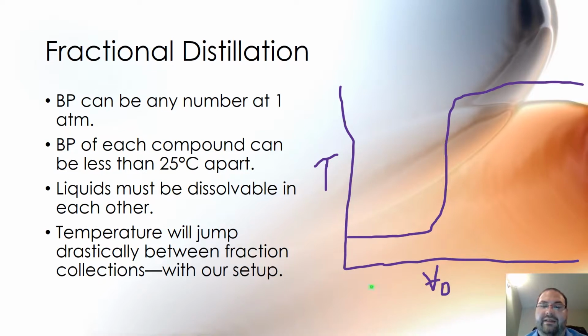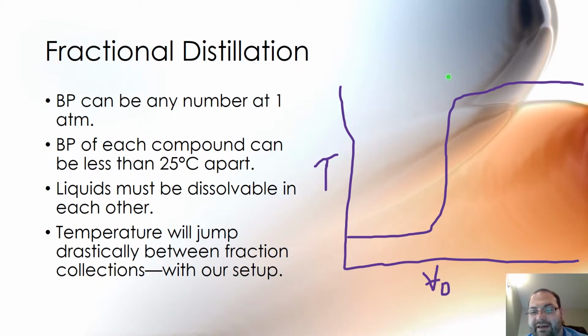If you look at it, for the most part, the temperature of our mixture as it's being distilled stays fairly constant as volume collects for that particular amount of time. And then all of a sudden, once the majority of that compound has been distilled over, there's a giant spike in the temperature. It's a really drastic change, very vertical.